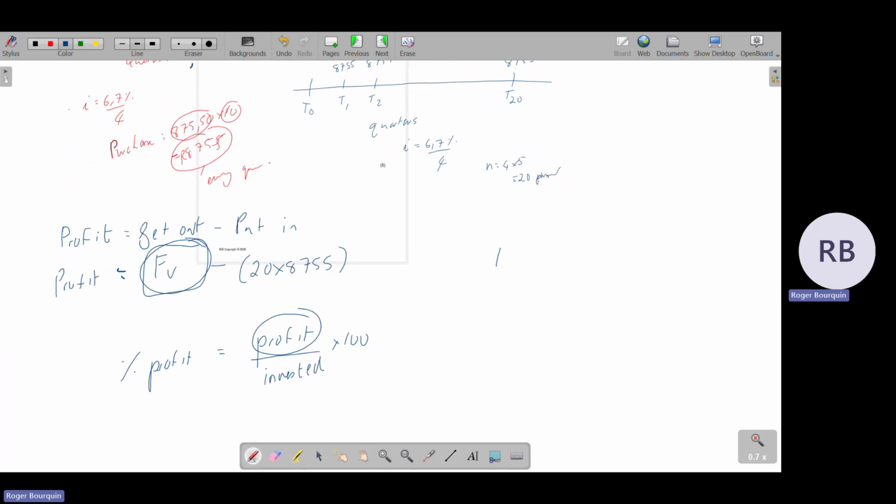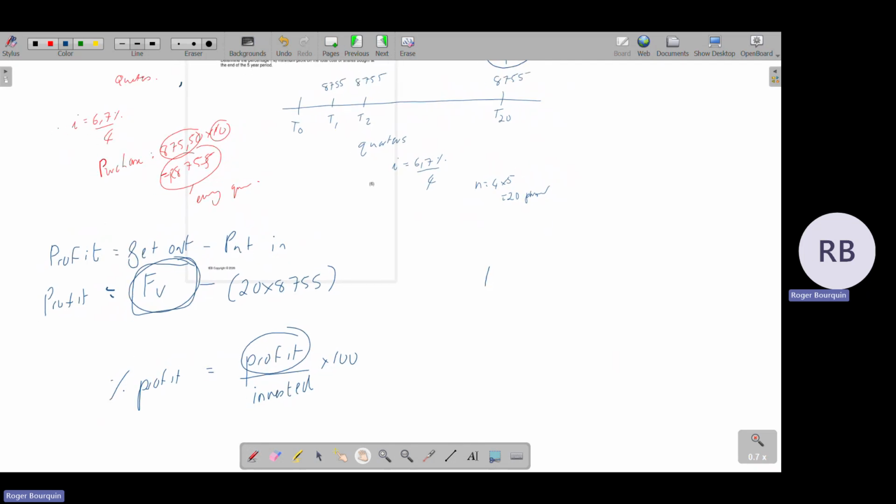I'm going to say future value is equal to x times the bracket (1 plus i) to the n minus 1, all over i.